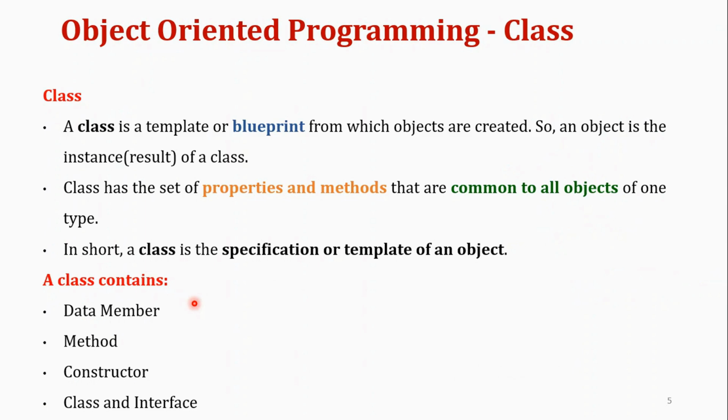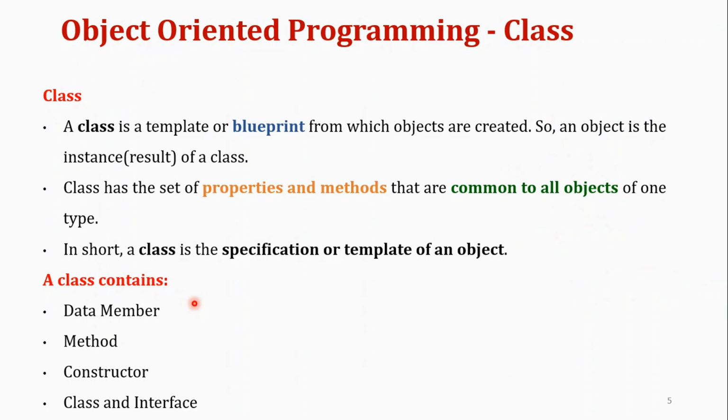For example, if your classroom has 60 students, I can equate the 60 students as objects. All the 60 students can access the properties of the classroom, like the blackboard, chair, table, and fan, which are shared among all the objects. So a class is the specification or a template for an object.